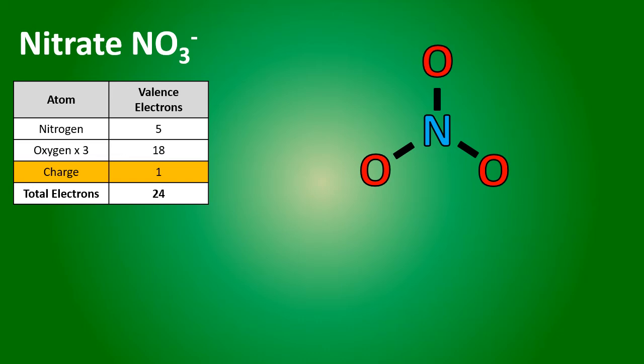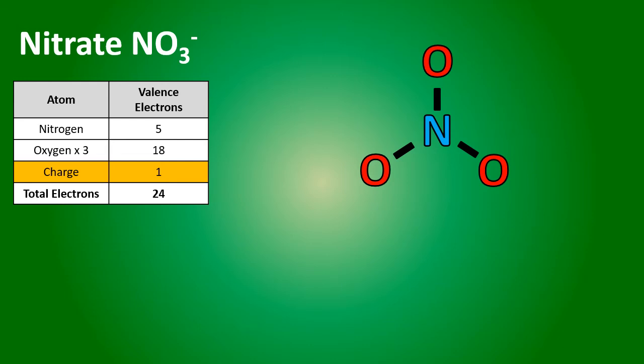We'll look at the nitrate ion, NO3 minus. It's a little bit more tricky here because we need to consider the Lewis structure in more detail. Okay, so let's have a look. We've put in the nitrogen as the central atom, and we've got 3 oxygens attached to that, so everything looks fine there.